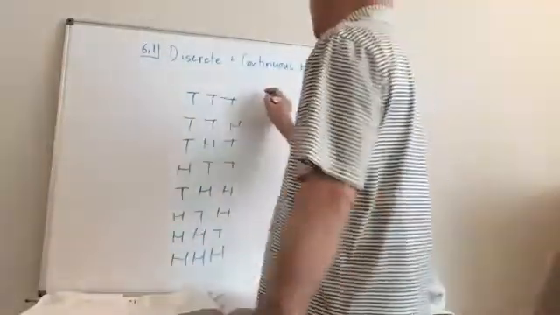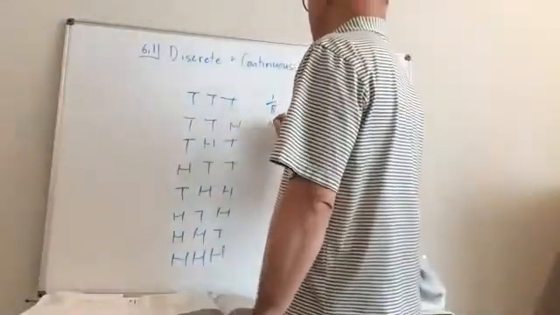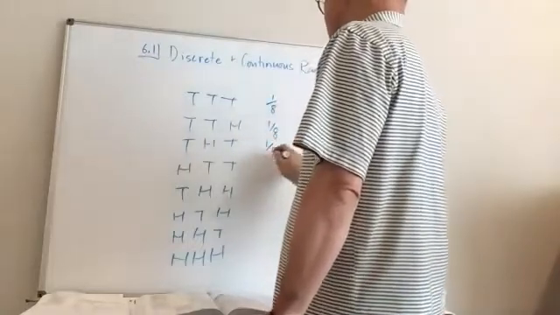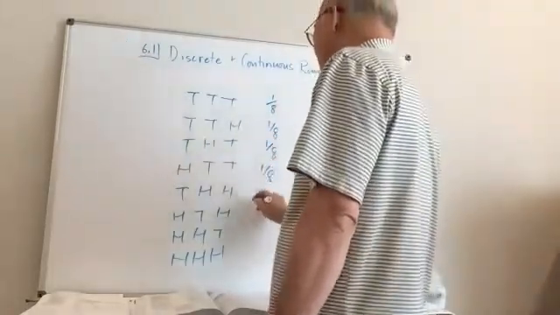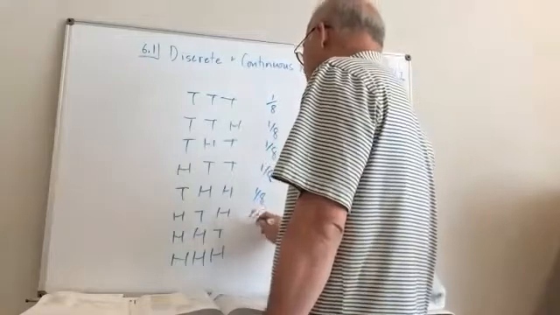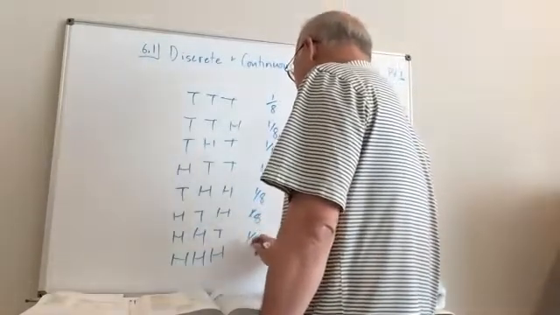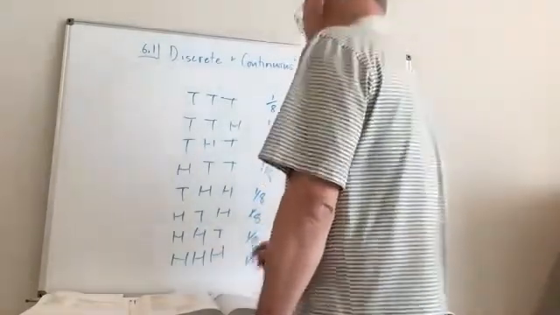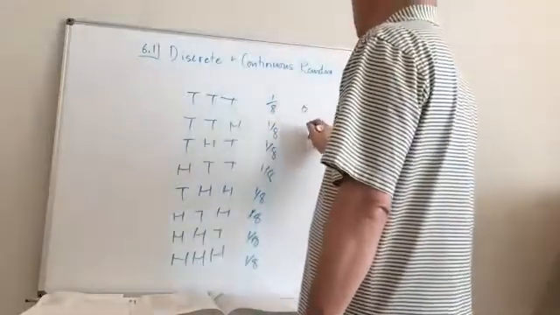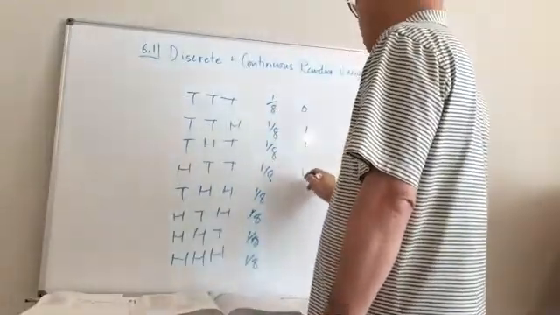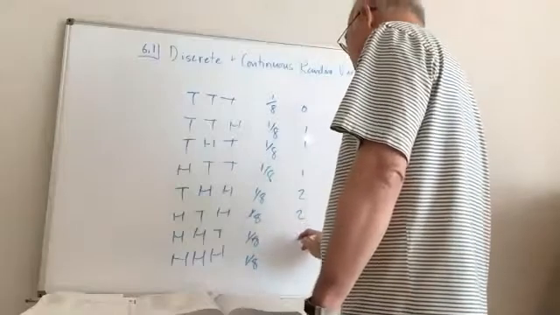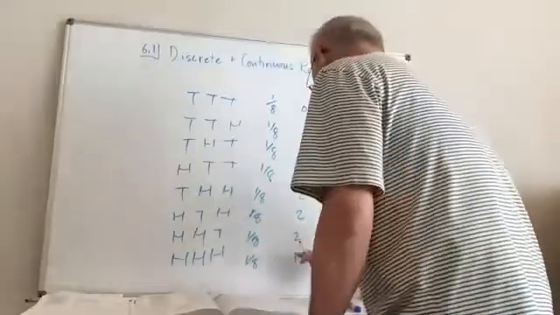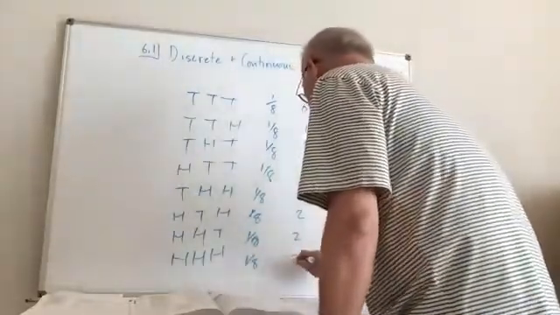So the chance of this happening is 1/8. They're all 1/8, right? Because they're 1/2 times 1/2 times 1/2. The number of heads here is 0, 1, 1, 1, 2, 2, 2, 3.